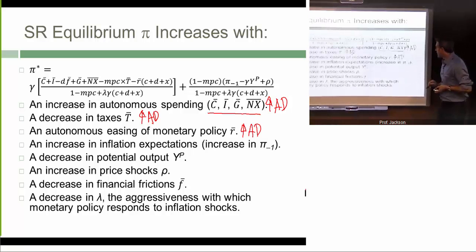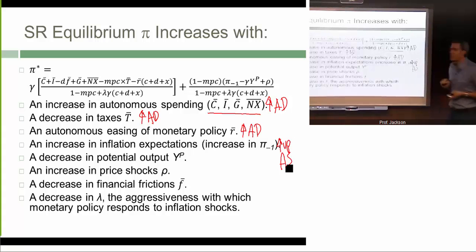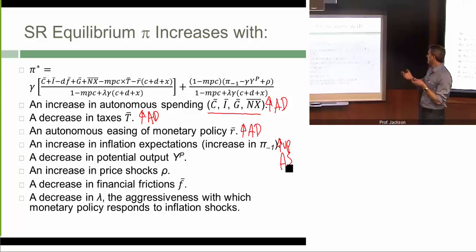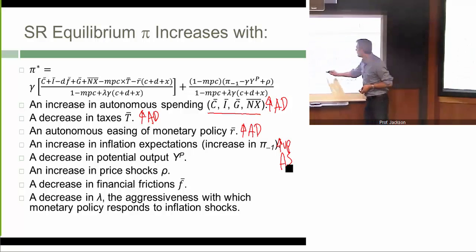An increase in inflation expectations has the effect of shifting up the aggregate supply curve. So for a given level of aggregate demand, when our short run aggregate supply curve goes up, inflation goes up. Price shocks have the same effect.